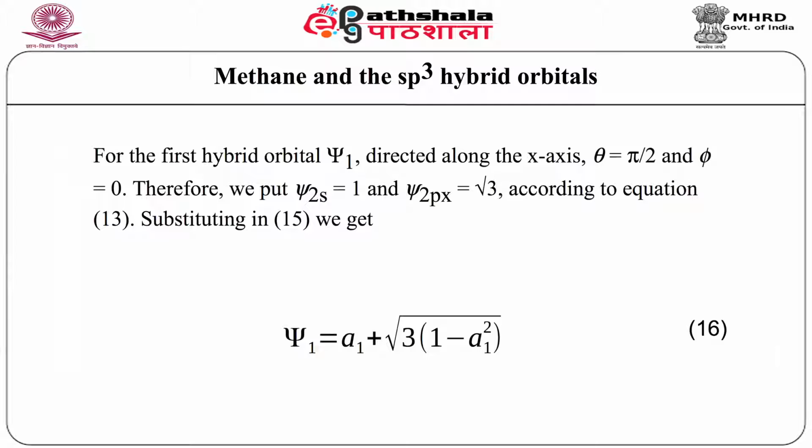For the first hybrid orbital Ψ1 directed along the x-axis, theta equals pi by 2 and phi equals 0. Therefore, we put Ψ2s equals 1 and Ψ2px equals square root of 3, and substituting in equation 15, we get Ψ1 equals A1 plus square root of 3 into 1 minus A1 squared.